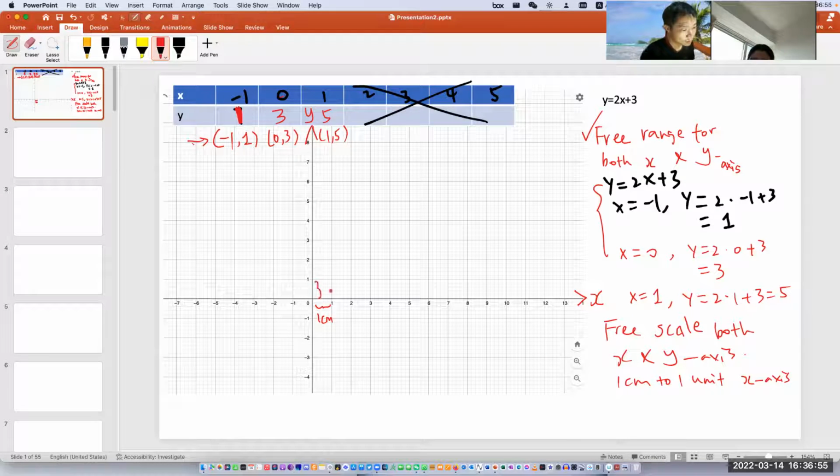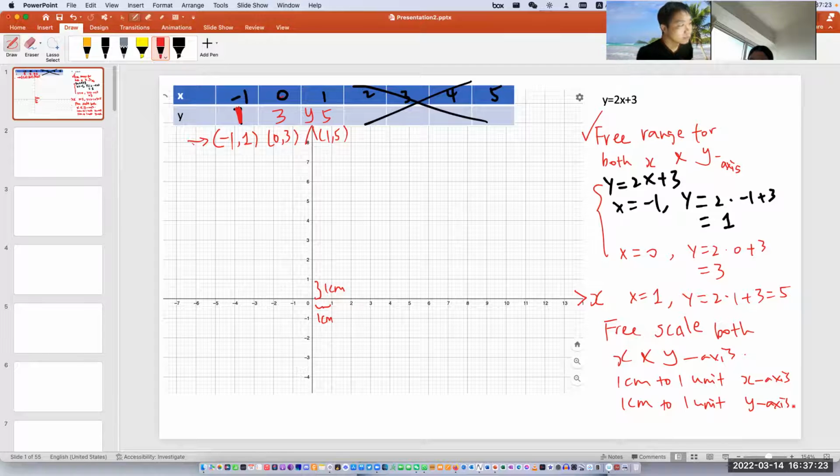Similarly, this is 1 cm, so it's also 1 cm to 1 unit for the y-axis as well. In this question, free scale, I choose what I want. I make life easier for myself: 1 cm for 1 unit for both x and y.